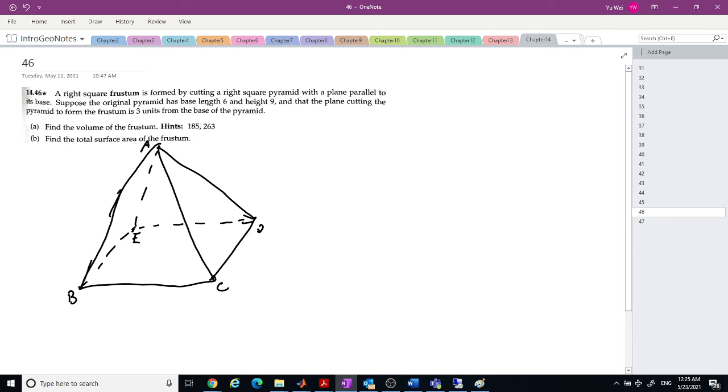Suppose the original pyramid has a base length of 6, so the base is 6 squared, and a height of 9, and that the plane cutting the pyramid is 3 units from the base.